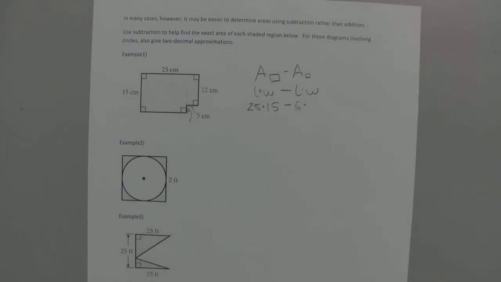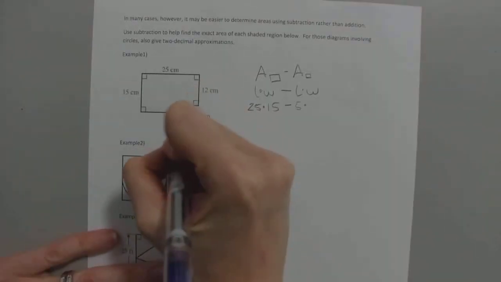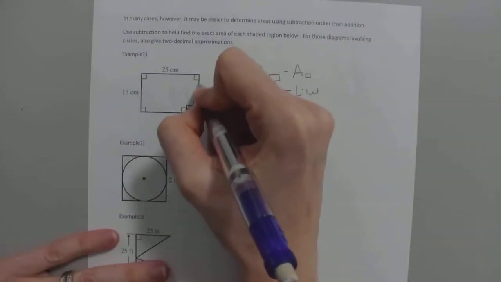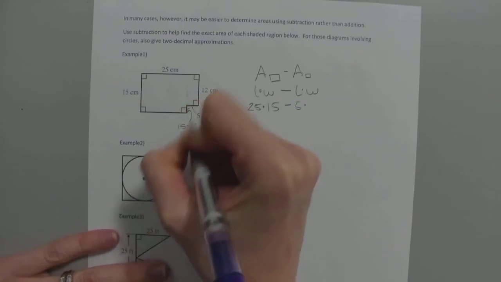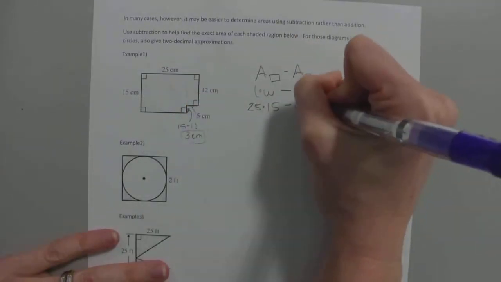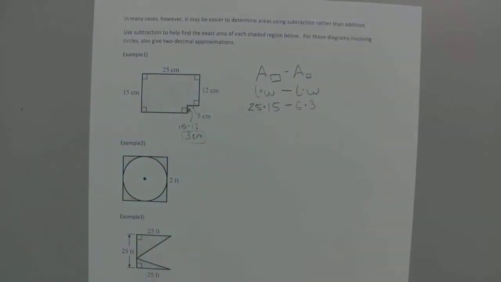This whole side is 12, right? What is that gap? What's the difference between 15 and 12? 3. Just 3. So this is just 15, this whole side, minus 12, the shorter side, to get 3 centimeters. Okay, that is what this little gap is. So we know our width is 3 there.